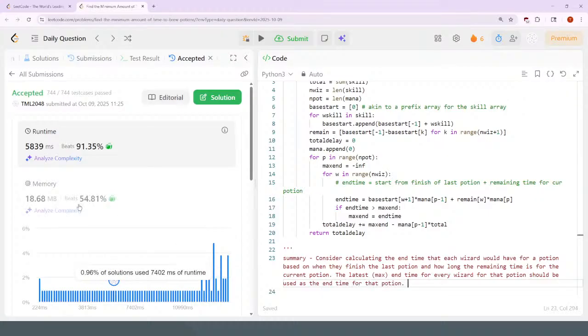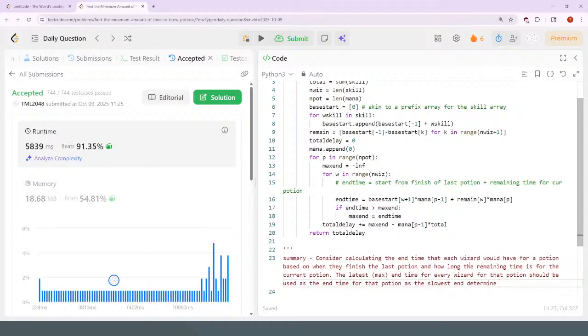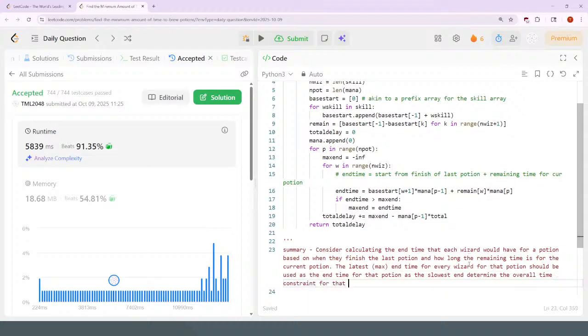Like if in theory wizard 1 starting at a certain time finishes at time 10 for that potion, and wizard 2 starting at whatever time finishes at time 60, and wizard 3 starting at that time finishes at 30, then 60 was the slowing factor, as the slowest end determines the overall time constraint for that potion.